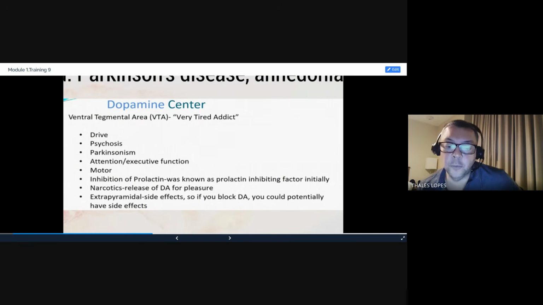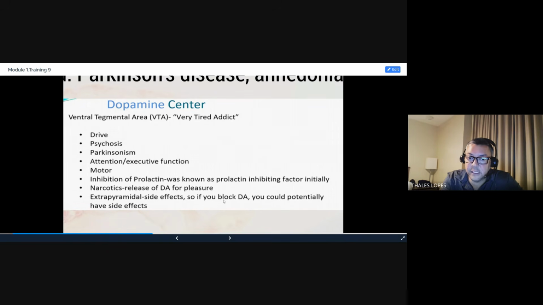So remember here, the inhibition of prolactin. The problem with prolactin inhibitory factors: if they have an inhibition of prolactin and dopamine, they counter each other, right? In the tuberoinfundibular pathway. Remember about extrapyramidal side effects.